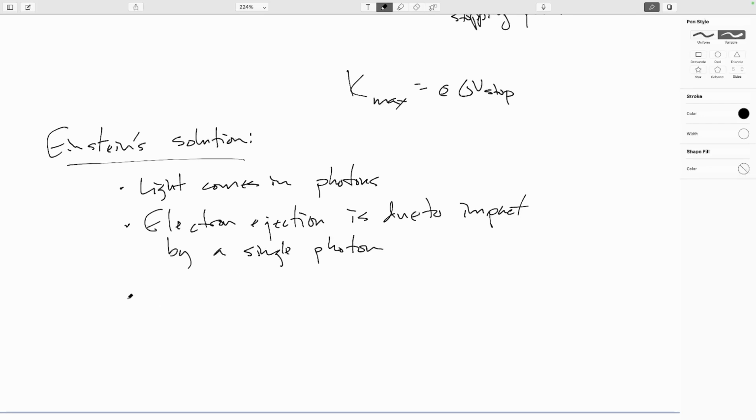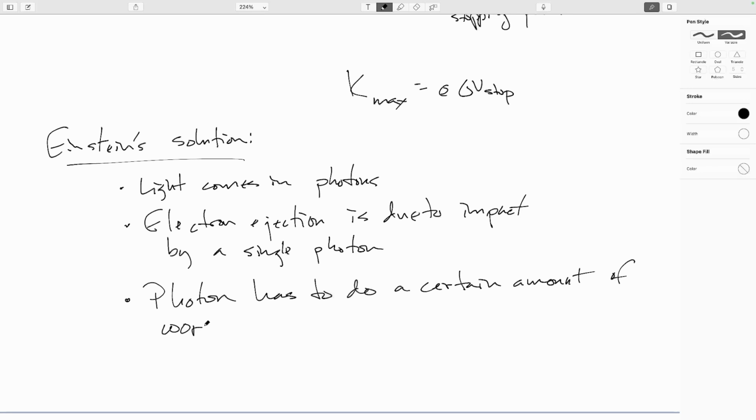And that the photon has to do a certain amount of work to extract the electron from the atom.